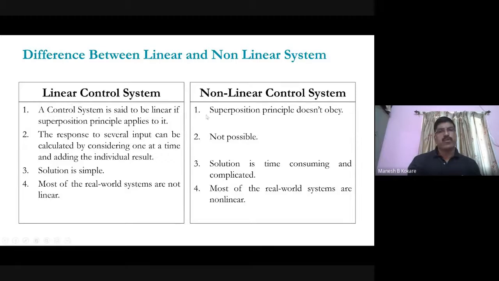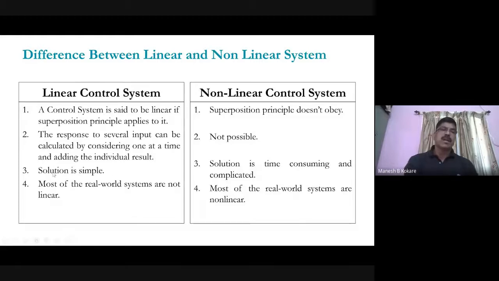So we have seen the four differences between linear and non-linear control systems. First, a linear control system holds the superposition principle, whereas a nonlinear one does not. Second, you can predict the output if you combine the inputs, so the response to several inputs can be calculated in a linear control system, whereas it is not possible in a nonlinear control system.